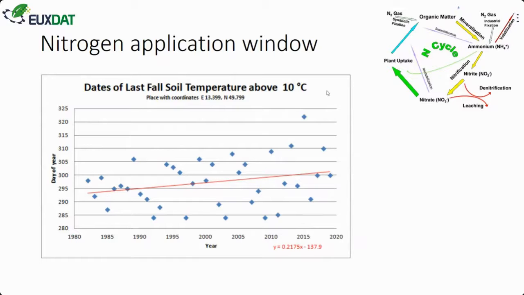For the fertilization, there is another factor which is necessary, but you cannot get it from the historical data; you have to gather it from the weather forecast.